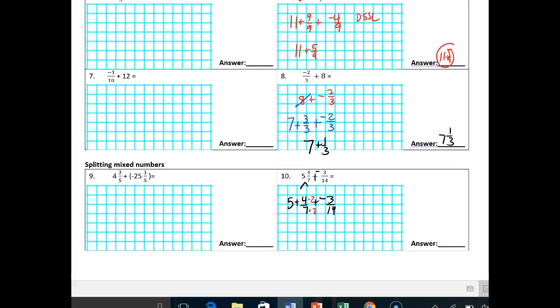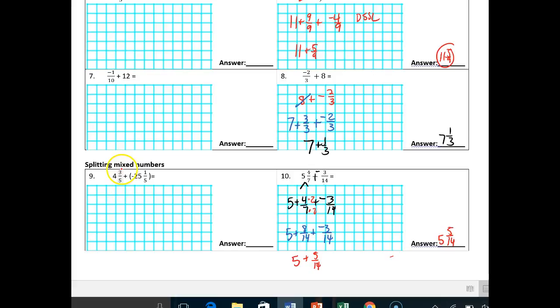So I get 5 plus 8/14 plus negative 3/14. We have DSSL here. So 8 plus negative 3 should give me a positive 5. So 5 plus 5/14. They are the same sign, so I don't have to worry about borrowing. I can just slap them together. You get 5 and 5/14.